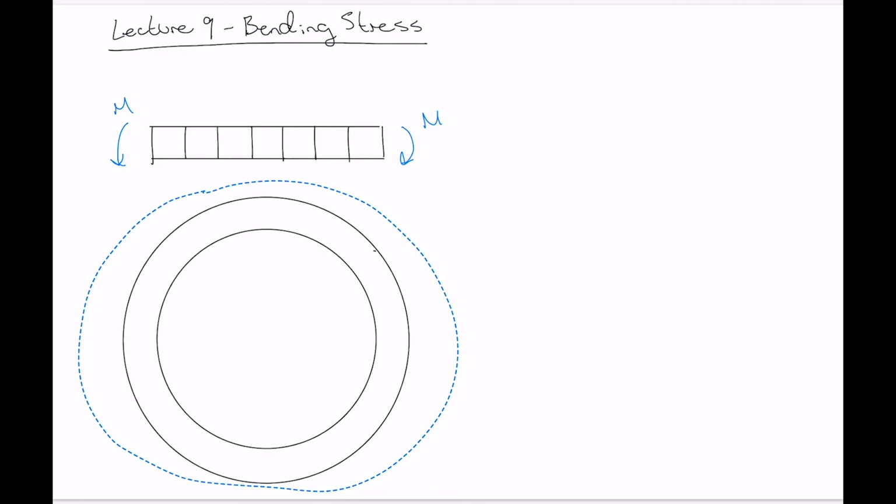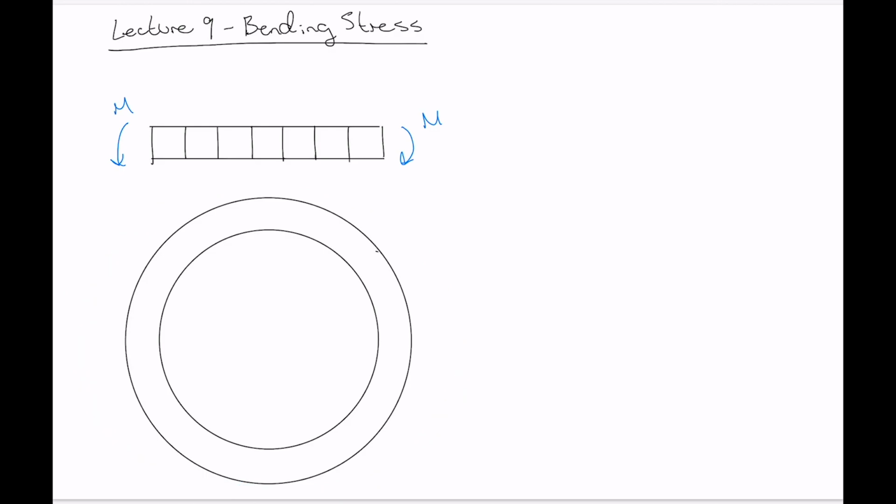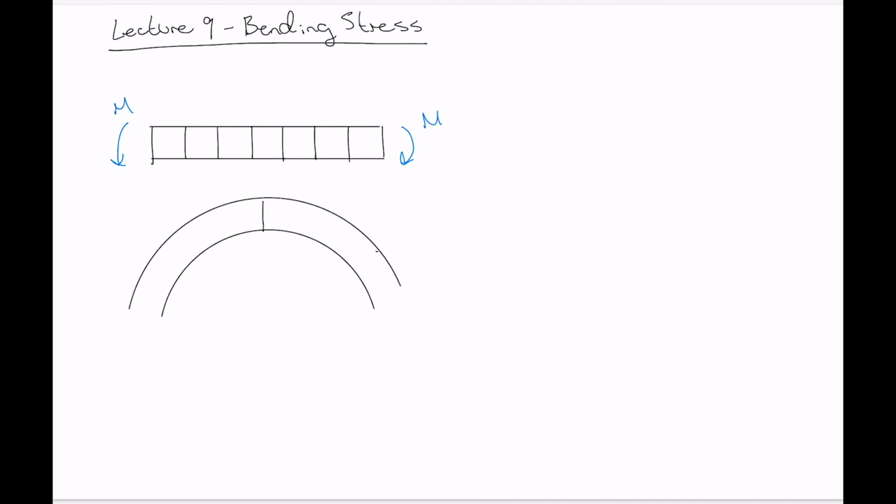You'll see where I'm going with this in a second once I start erasing some things. So let's erase some of the excess here that we don't need. I was just drawing those circles to get a nice curve. Right, so drawing lines here, we try and draw our lines so that they're perpendicular to both the top edge and the bottom edge of this beam. And in order to do that, I need to make lines that angle outwards.